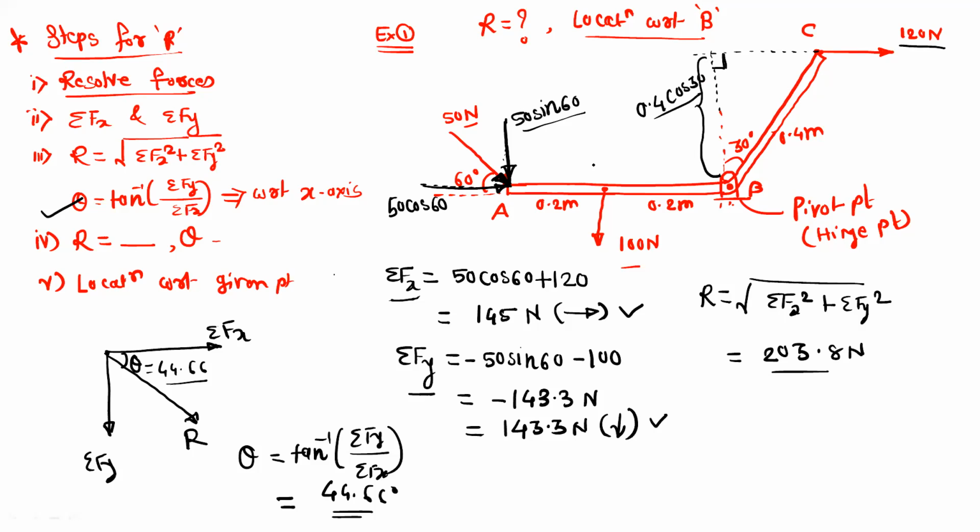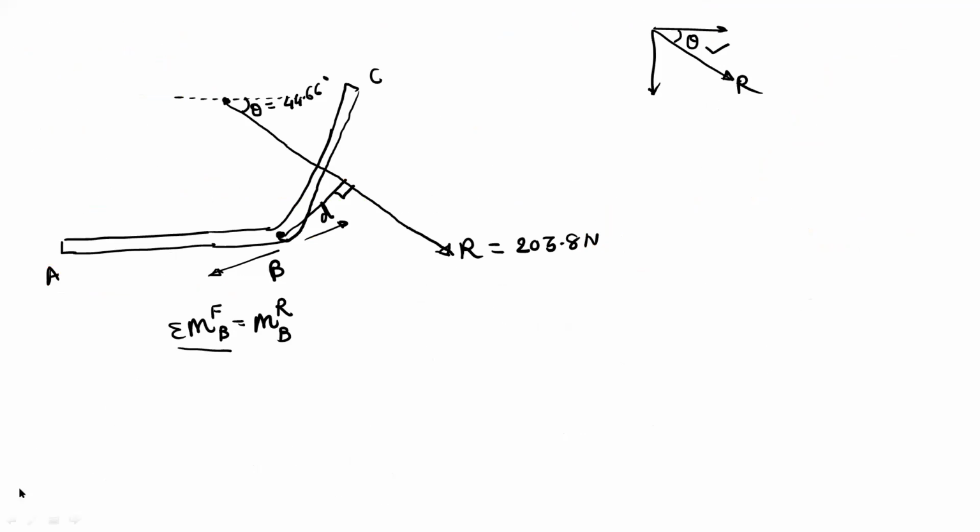So at this moment, this will be the summation of moment. I will write this for summation of moment. First is 50 sin 60 into 0.4, moment is positive.